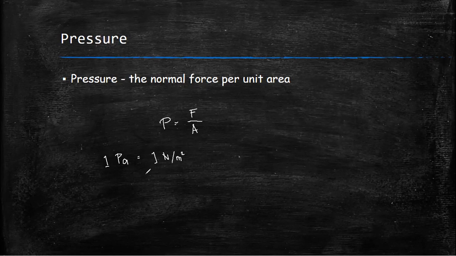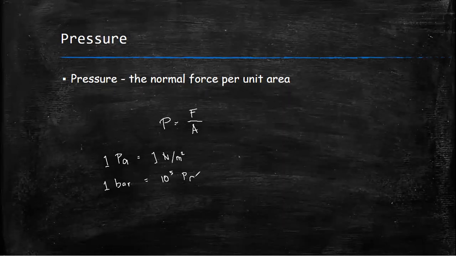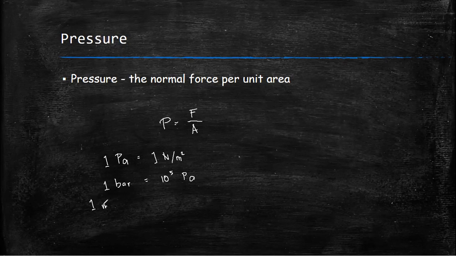Other related units used in meteorology are the bar, wherein 1 bar is equal to 10 raised to 5 Pascal, and also the millibar, wherein 1 millibar is equal to 100 Pascal.